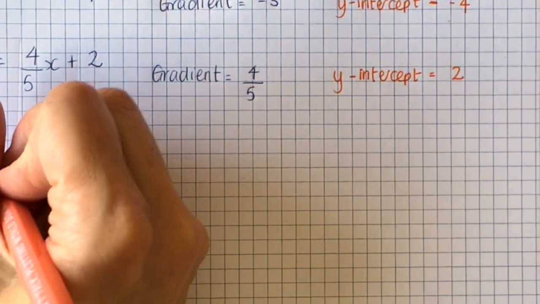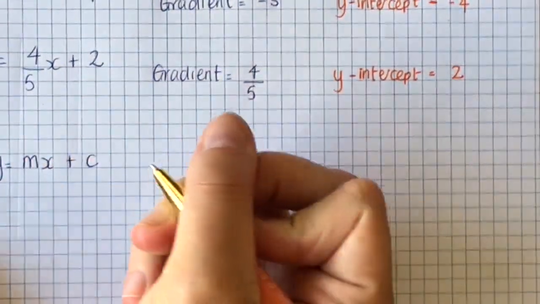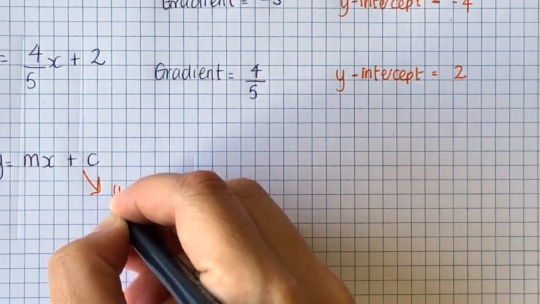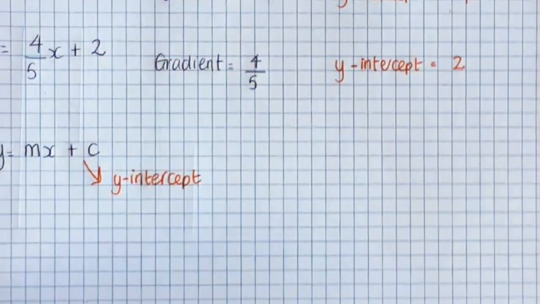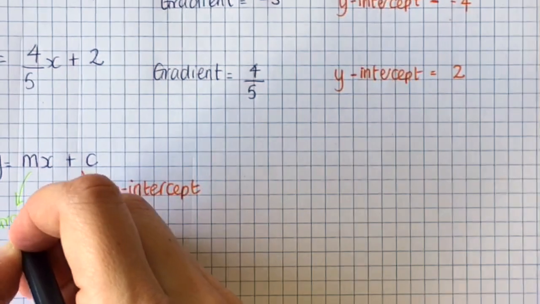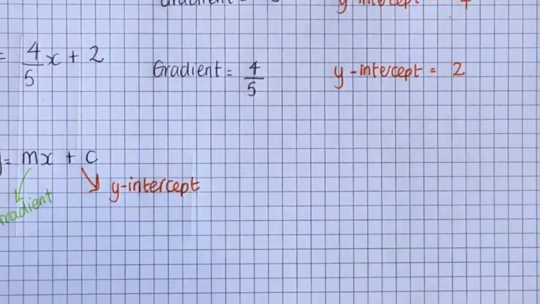So we actually call it y equals mx plus c. So c, this plus c part, is the y-intercept. It's that number. The m is the gradient, and that's the number. So this is the way that it's always been remembered.